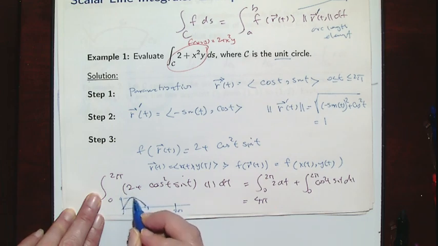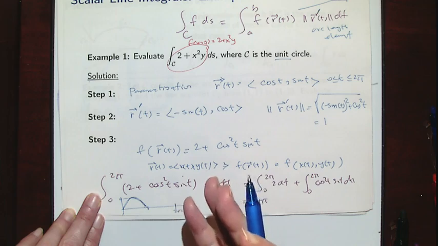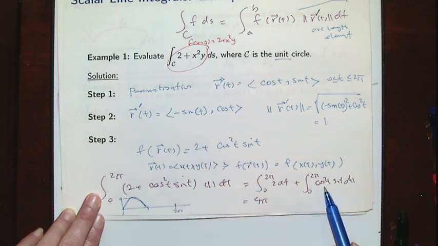The picture is not very good. Somewhere positive. And then it becomes negative because sine of t is negative. If that makes sense. And so they add up to be 0.